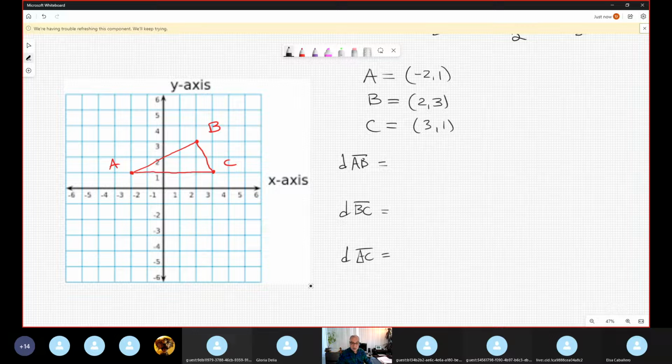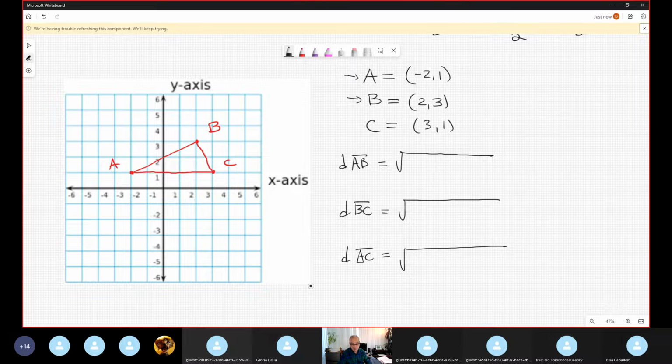I know that you open a big square root and you put inside the square root the subtraction of the components, squared. For example, between A and B, you're subtracting the x components. What is the distance between -2 and +2?